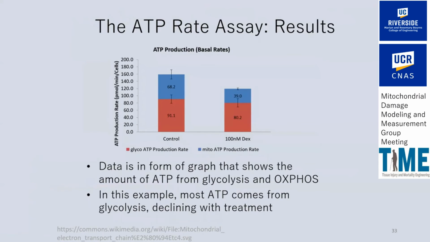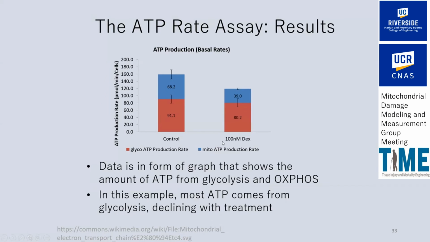And at the end of this assay, you get something that looks like this. You get the picomoles per minute of ATP per number of cells produced from each source. So in this graph, the red indicates the amount of ATP produced from glycolysis. The blue indicates the amount of ATP coming from mitochondria under the control.